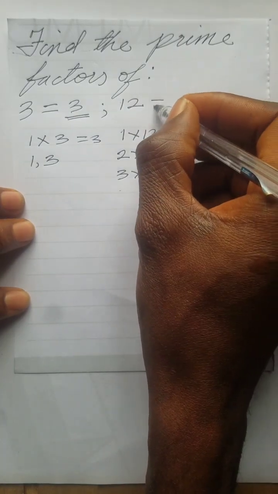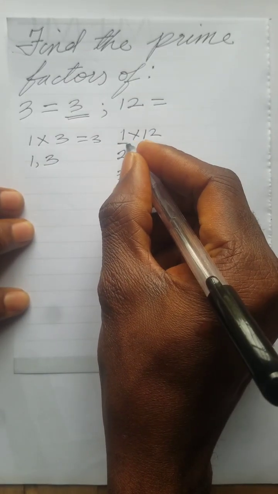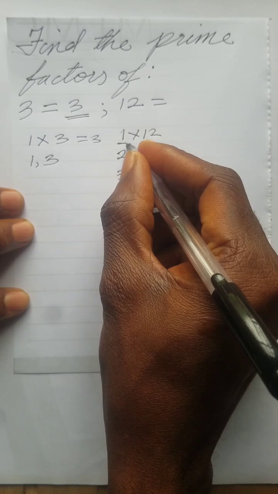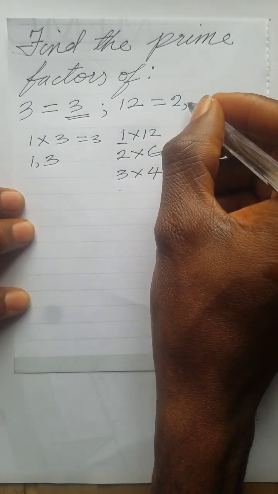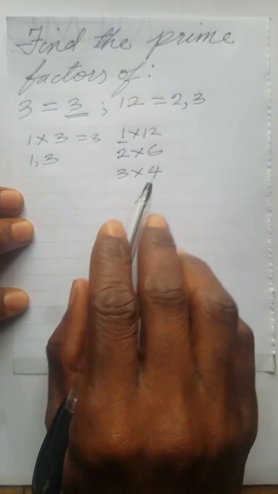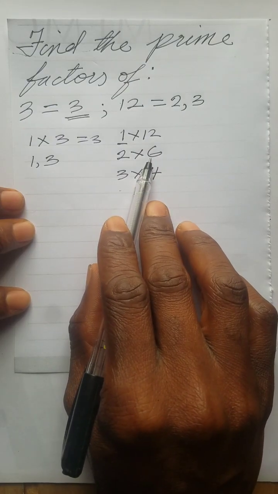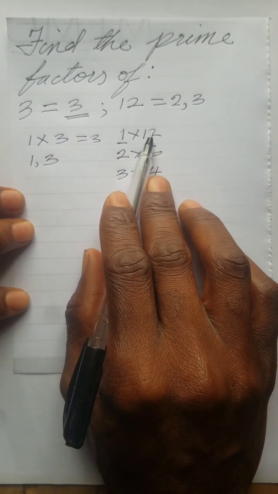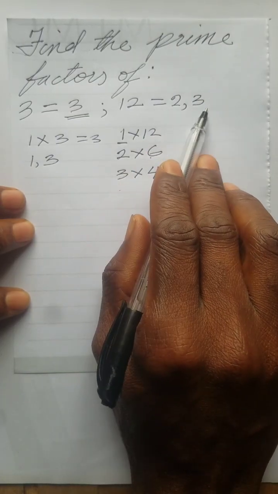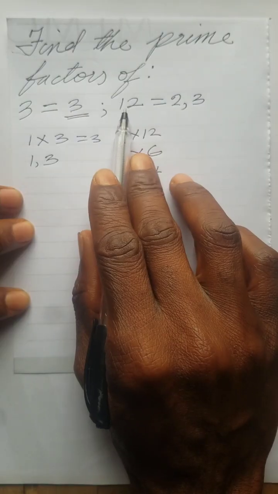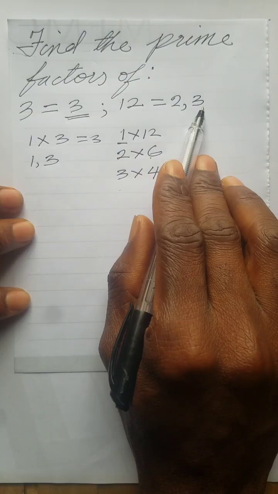So prime factors of 12 would be, I wouldn't write 1 because 1 is not a prime number. I would write 2, I would write 3, I wouldn't write 4 because 4 is not a prime number. I wouldn't write 6 because 6 is not a prime number, and I wouldn't write 12 because 12 is not a prime number. Do you get? So the only prime factors of 12 are 2 and 3.